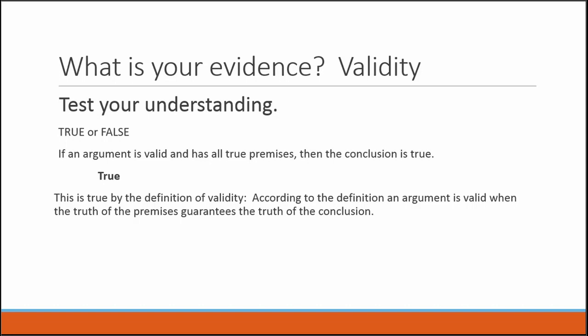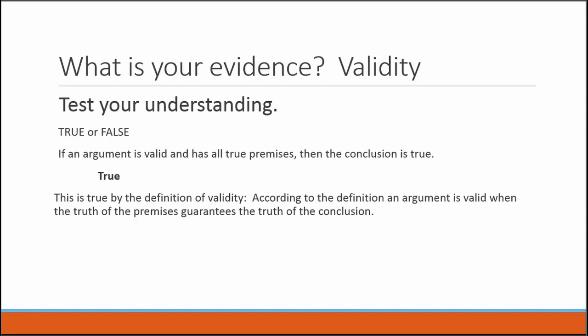Remember, according to the definition of validity, an argument is valid when the truth of the premises guarantees the truth of the conclusion. So don't be confused. Valid arguments do not have to have true premises. They can be valid even if they have false premises. But if they are valid and the premises are true, then the conclusion will be true.